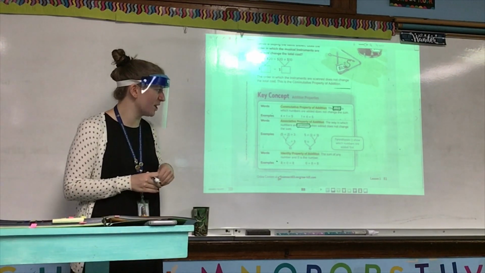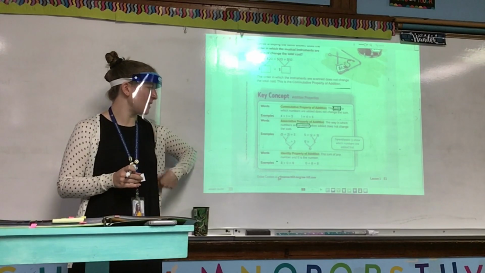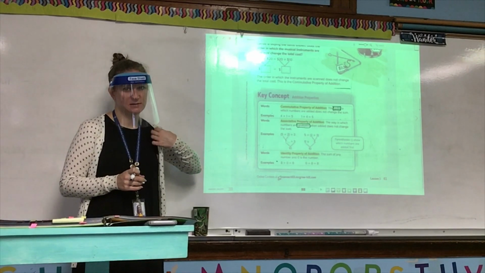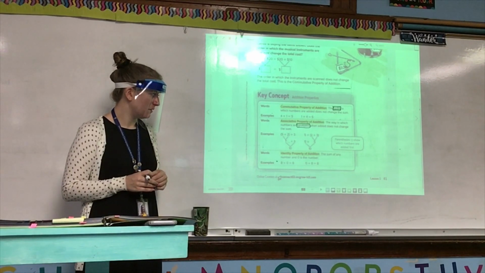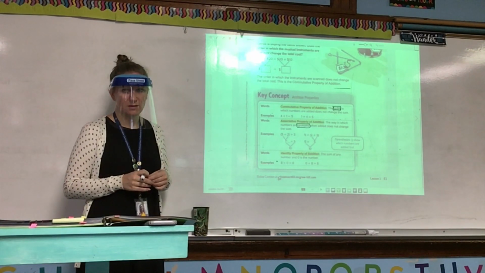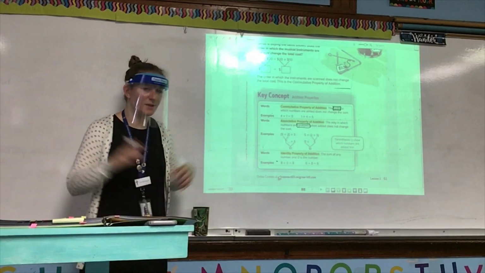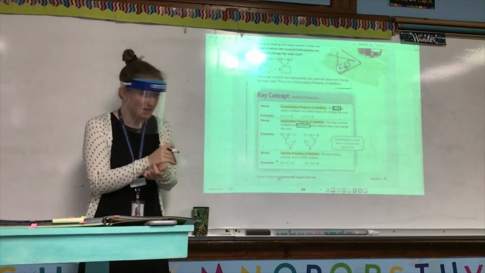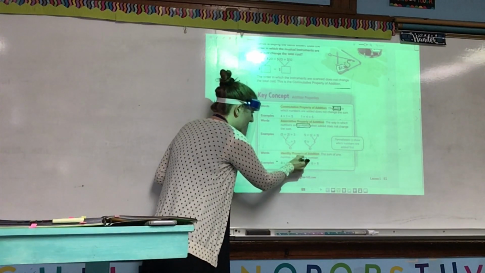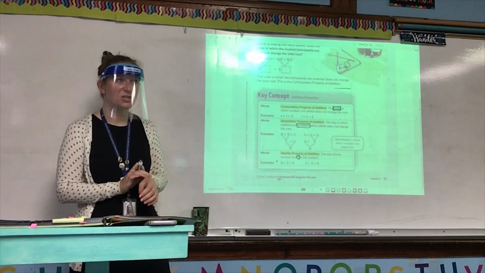Carla, tell me in words what the identity property of addition is. The sum of any number and 0 is the number. Good. So the sum of any number and 0 is whatever number is not 0. So again, we have our keyword, or number in this case, which is 0.